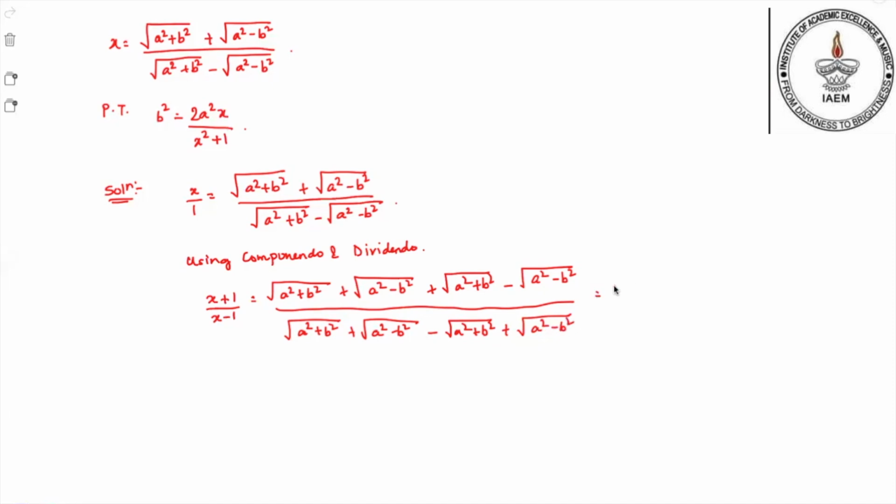Effectively, this comes down to 2 into root over (a square plus b square) by 2 root over (a square minus b square).